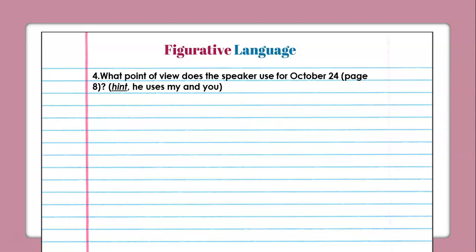Last 45 seconds. 30 seconds. Make sure if you're ready, you're going back to page 8, which is October 24. Last 15 seconds.